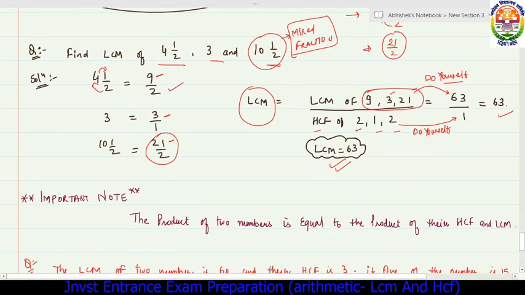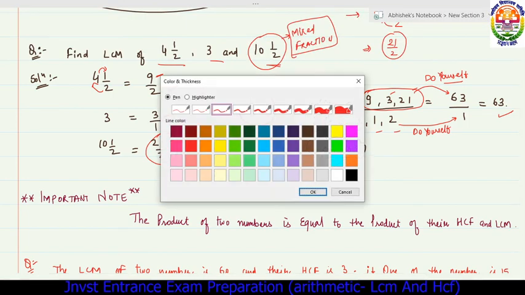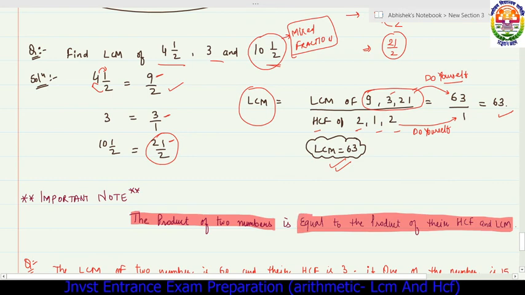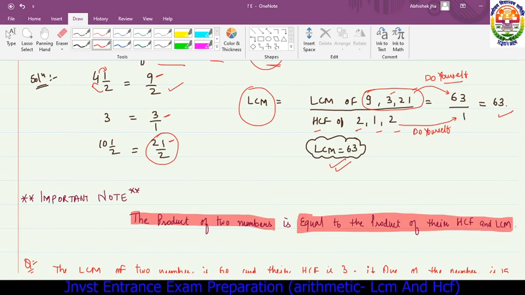Now an important note. There is an important point you have to remember for your exams. The product of two numbers is equal to the product of their LCM and HCF. This is a formula from the examination point of view.